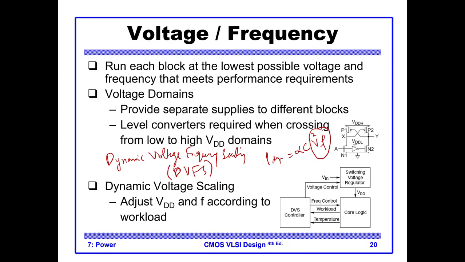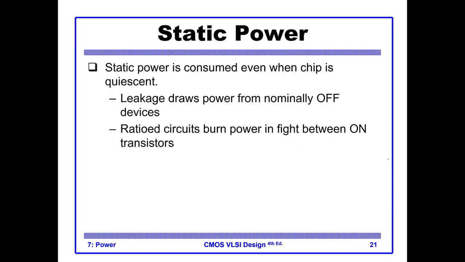Here, for example, is DVS, which is only controlling the voltage, according to frequency. So you have your logic here, and there is some kind of controller which passes a variable VDD. So VDD is not constant, it scales down and up according to the needs, so that your power consumption is controlled. So these are some of the schemes that you can employ to control power.